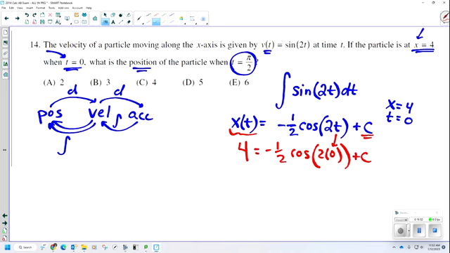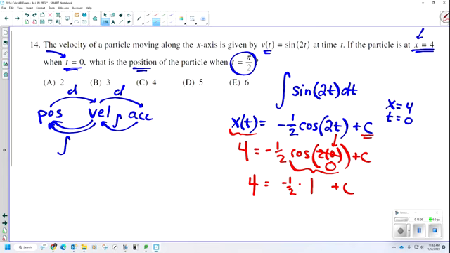Well, 2 times 0 is just 0. The cosine of 0, you better know your basic values for trigonometry. The cosine of 0 is 1, times negative 1/2 plus c should equal 4.